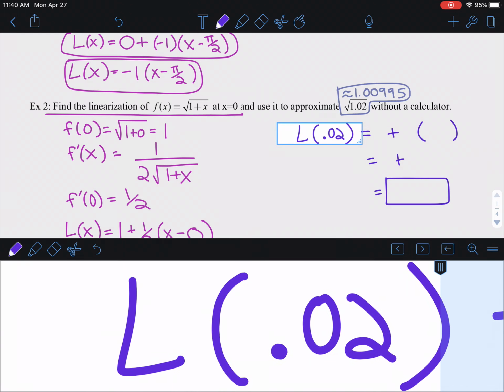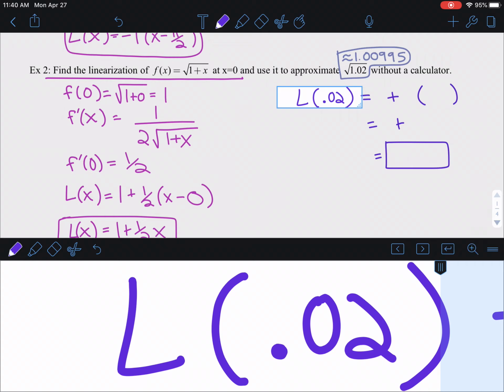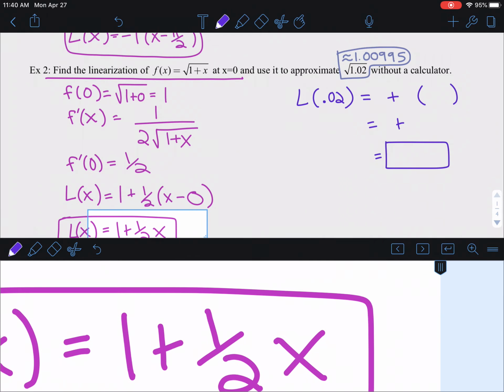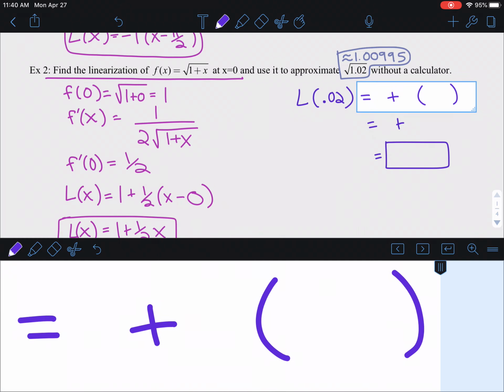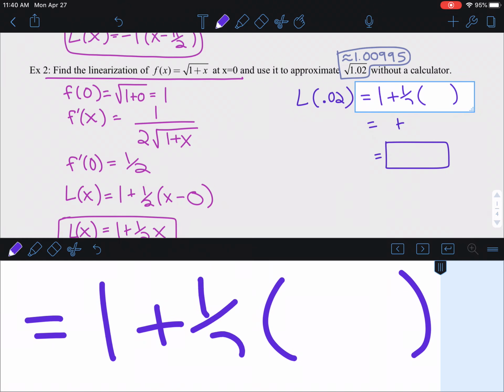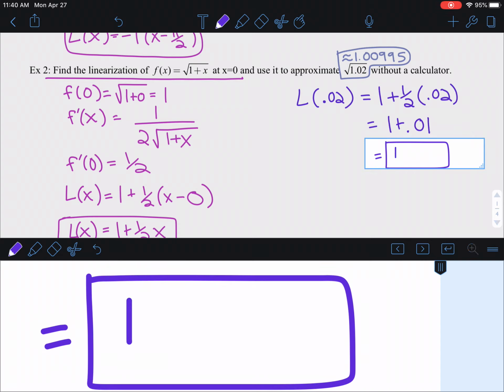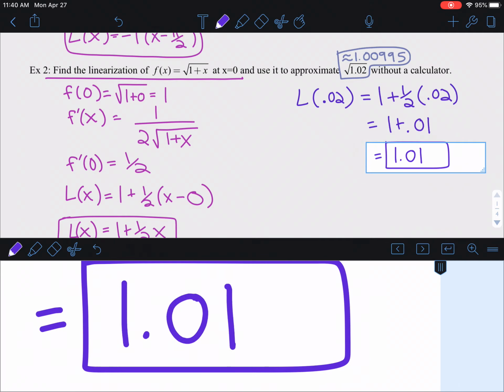So L of 0.02 means go ahead and plug that into the equation of the tangent line we just found. So we get 1 plus 1/2 of 0.02, so we get 1 plus 0.01. And so I get, it's a weird phrase, my exact approximate to be 1.01.